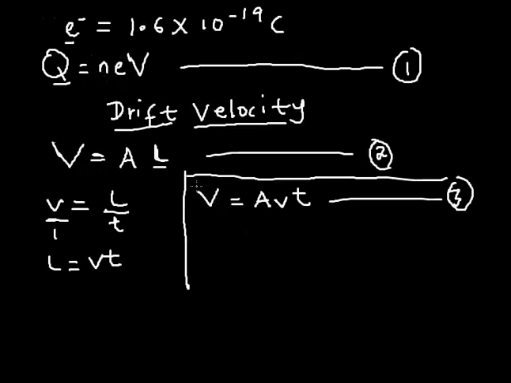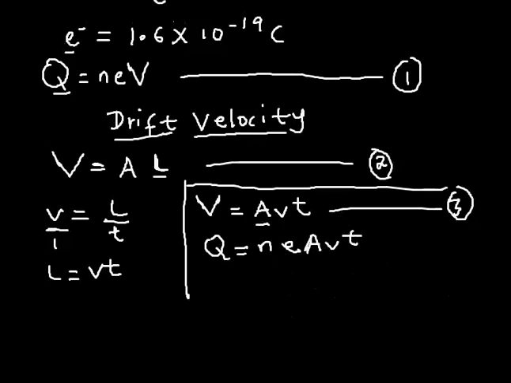So the quantity of charge is the number of electrons times electronic charge times area, multiplied by velocity of the electron, times time.